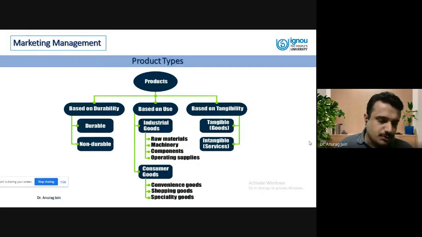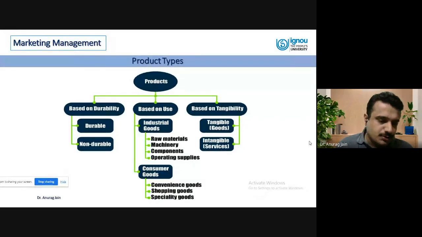You can own it. You can have a possession of it. And intangible products are the services that cannot be stored, that cannot be used at a later point in time, right? Anyway, we have dedicated topics in block 4 on marketing of services, so I'm not spending much time on this here, but this can be another categorization based on tangibility.